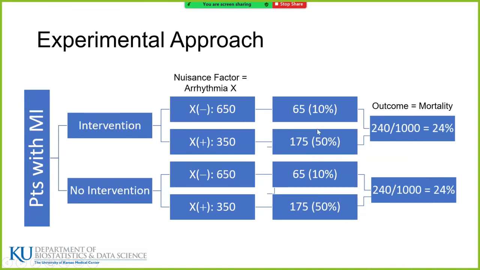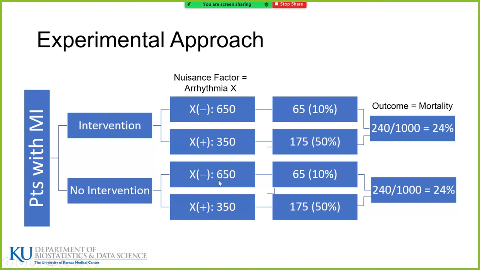In large enough studies, randomization ensures an equal distribution of these unknown factors across the two groups I'm comparing. Notice randomization, when I have 1,000 and 1,000, has put 35% versus 65% with and without the arrhythmia in the intervention, and the same distribution of that arrhythmia in the control.